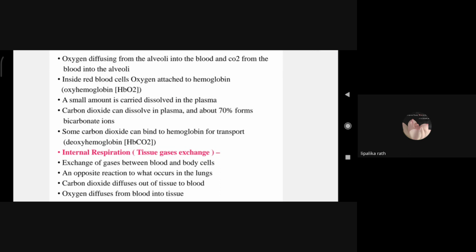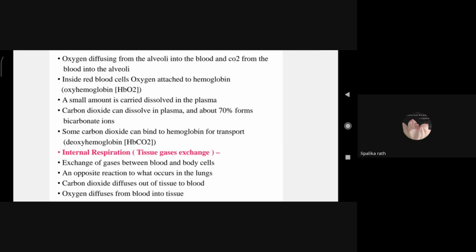Carbon dioxide can dissolve in plasma, and about 70% forms bicarbonate ions. Means carbon dioxide is more in plasma, so they produce bicarbonate ions.